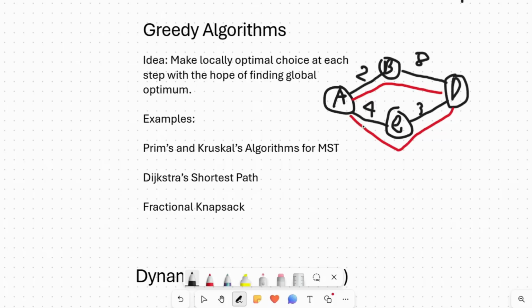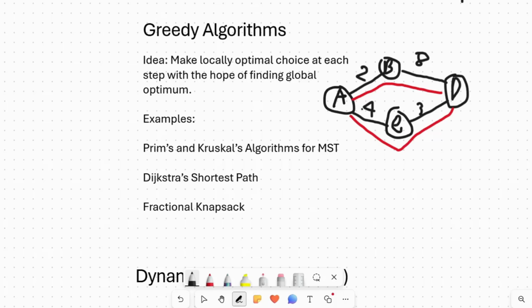So greedy algorithm basically chooses the option which is beneficial at the moment. For example, if we go A to B, then our costing is 2, and if we go A to C, then our costing is 4.